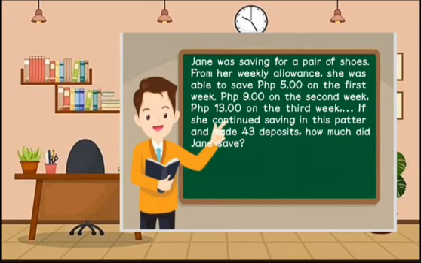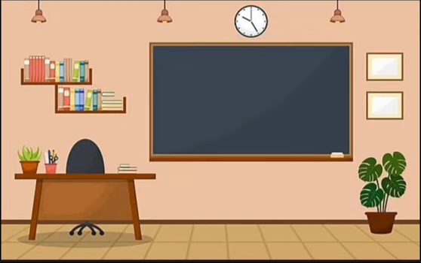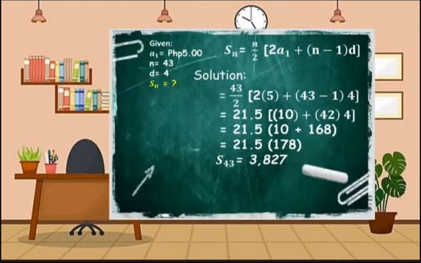If she continued saving in this pattern and made 43 deposits, how much did Jane save? Then we have our given. Our a sub 1 is 5 pesos, our n is 43, and our d is 4. Then we're going to find our s sub n.